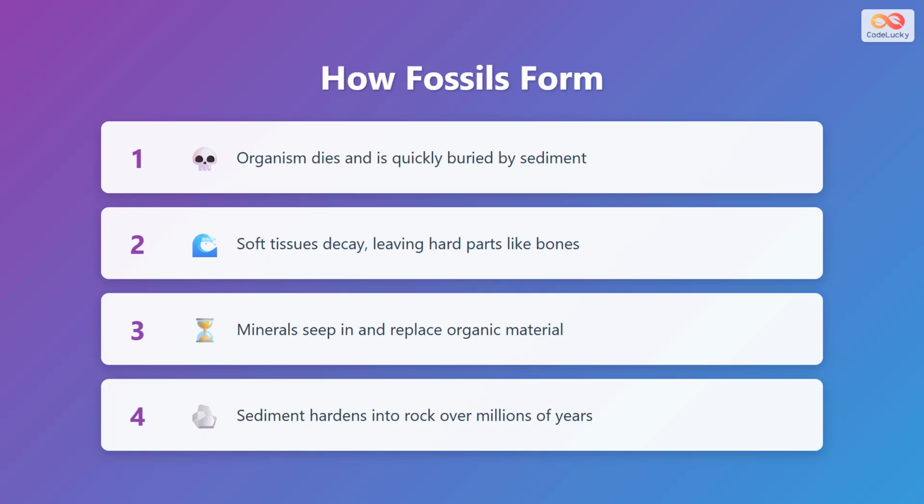As more sediment accumulates on top, minerals from groundwater seep into the remaining structures, gradually replacing the organic material with rock-like minerals. This process takes millions of years, and eventually, the surrounding sediment hardens into rock, preserving the fossil within it. Only a tiny fraction of all organisms that have ever lived become fossils, making each discovery precious.